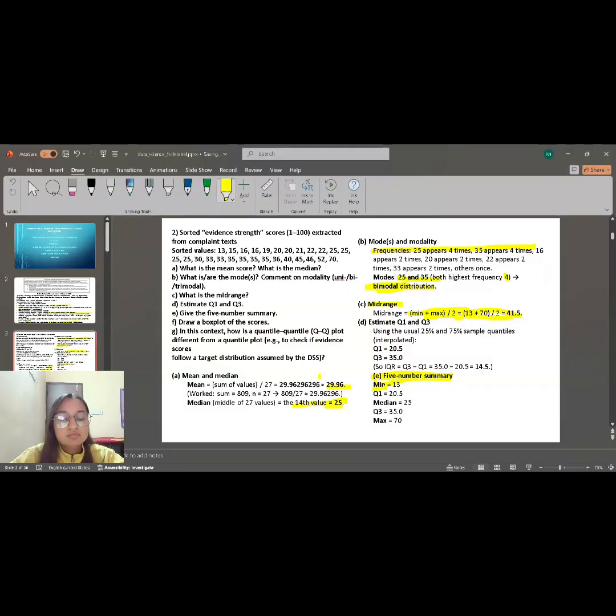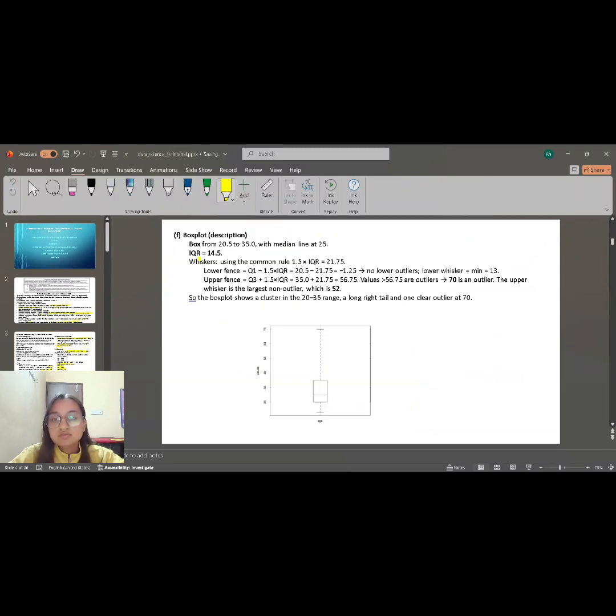It will be: min is 13, Q1 is 20.5, median is 25, Q3 is 35.0 and max is 70. These are the 5 number summary. F part is asking for the box plot, and this will be the plot for this data.